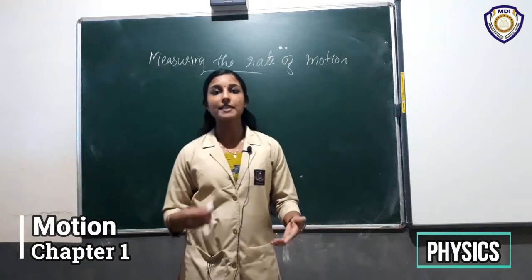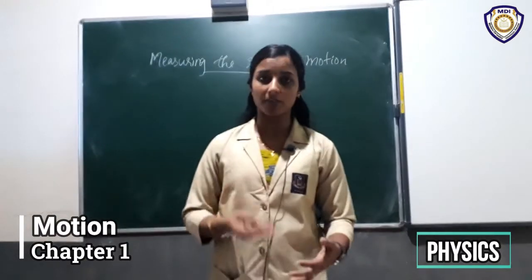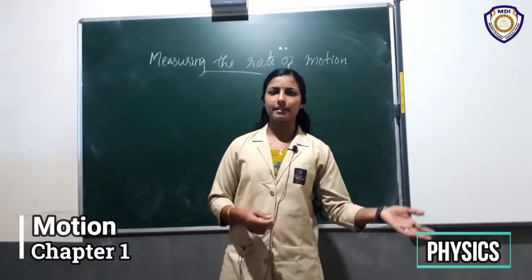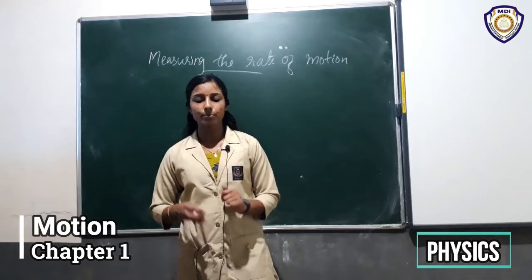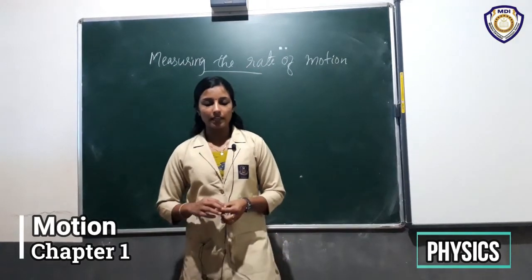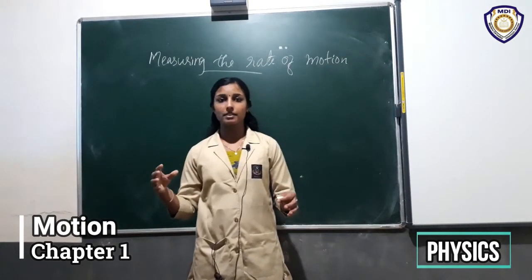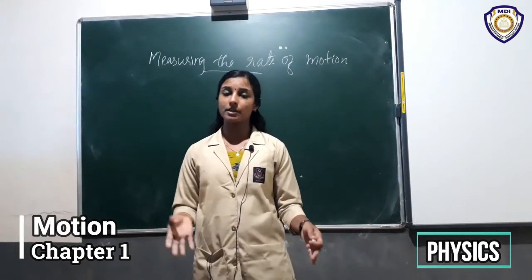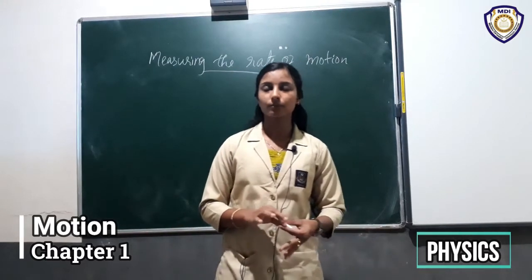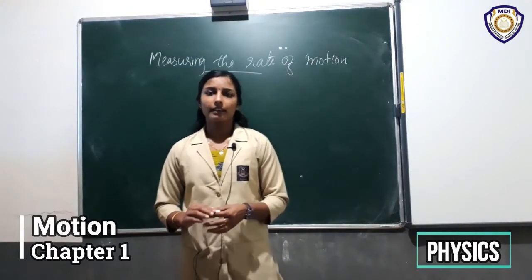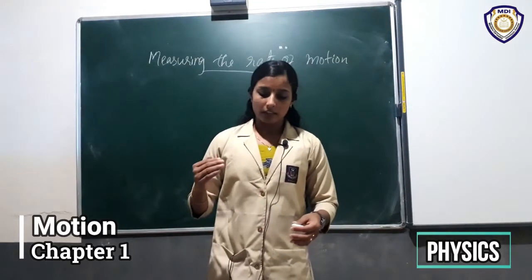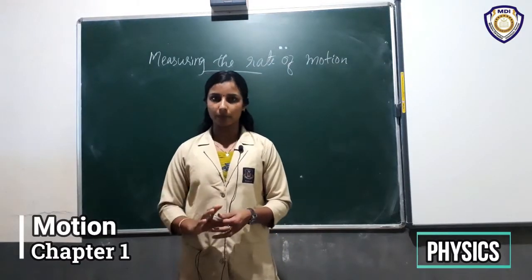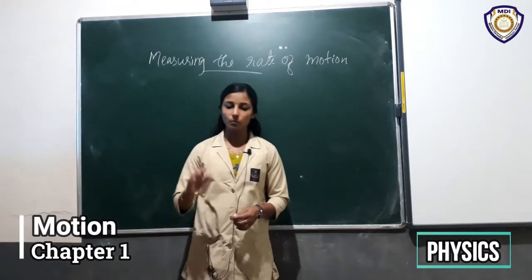So what do you mean by speed of a car, a bus, a bike, or any object? Speed is a measure of rate of motion. Speed is the distance travelled by an object per unit time.